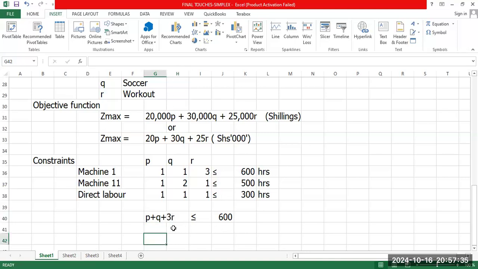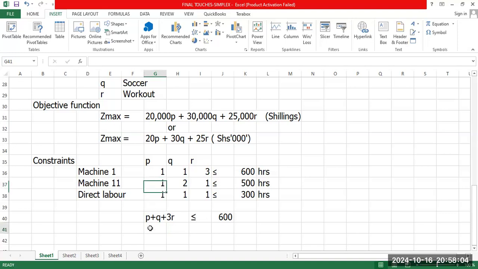The reason why we are combining, colleagues, is that if we sum up the time you have used to produce basketball shoes, the time you have used to produce soccer shoes, the time you have used to produce workout shoes, that combined time should be less or equal to this, it should not exceed. That's why we are combining.